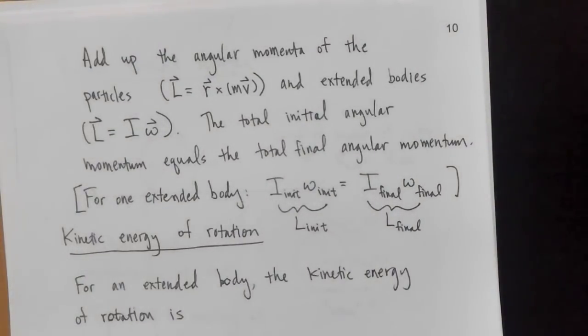If I have a particle moving with some velocity here, and then I have some rotation axis here, you can actually treat this as I times omega for the angular momentum as well. You can get the moment of inertia of the particle at a distance r from the axis. It's just mr squared. And then the angular momentum is I times omega.